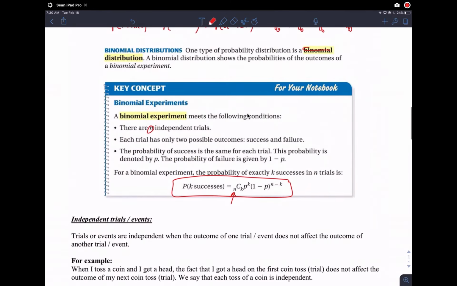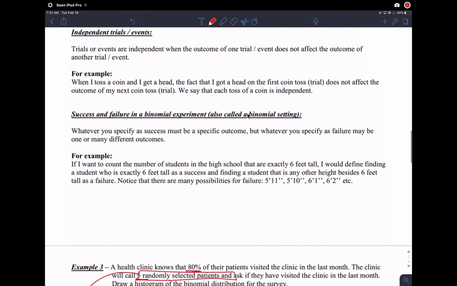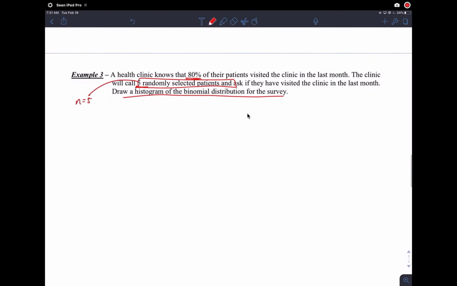Okay, and then we need k, the number of successes. Okay, k is the number of successes. So what are the options for the number of successes? Okay, and what is success? So we will ask if they visited the clinic in the last month. All right, and we know that this says probability 80% of visiting the clinic.